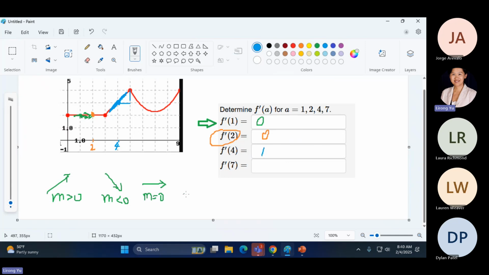And the next one was talking about 7: 5, 6, 7 right here. So at 7, what's the slope? Also 0, right? So it looks like we are reaching the bottom of things. Over here is decreasing, over here is increasing, so what happened in the middle is not increasing, not decreasing, it's horizontal.